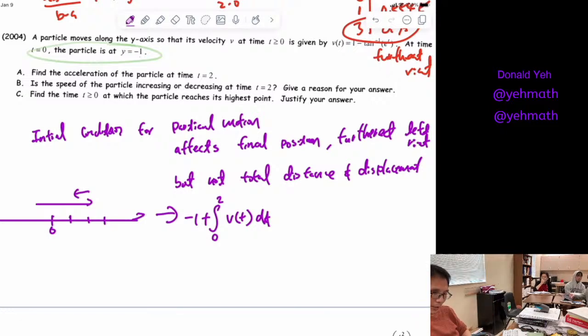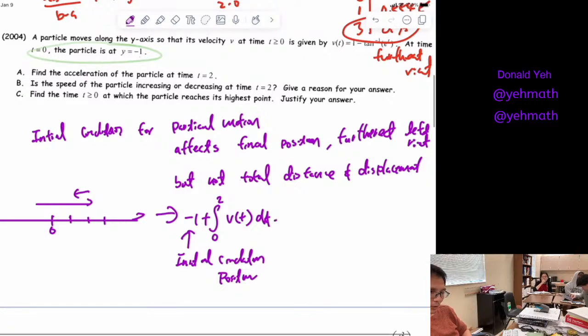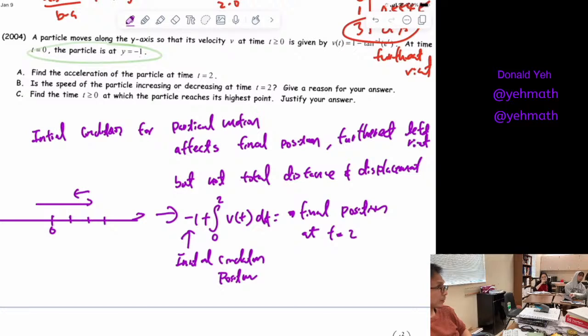Because -1 is your initial condition or initial position. Your initial position will affect that more than other things. So this is called the final position at t equal to 2. Does that make sense? Now, if I ask you total displacement, do I need to include the initial condition? No. No. Does that make sense, Catherine?